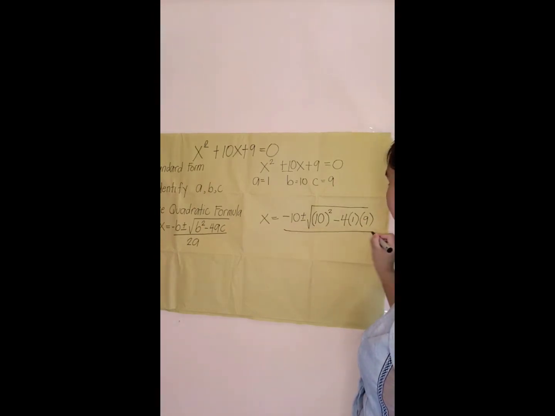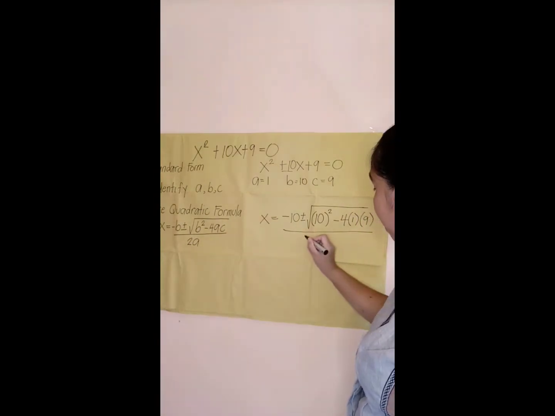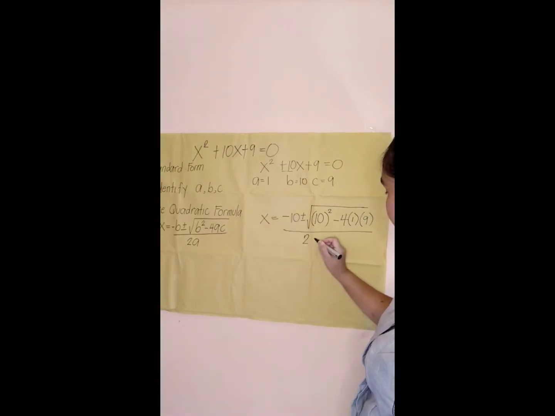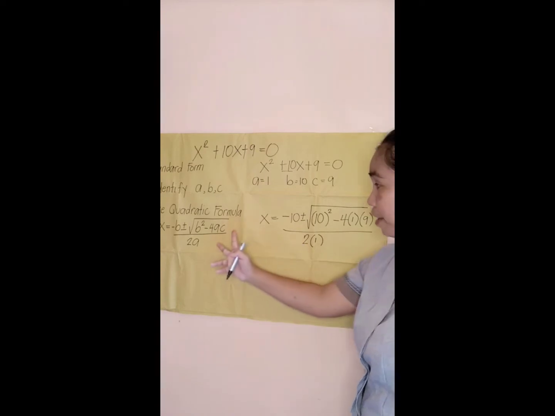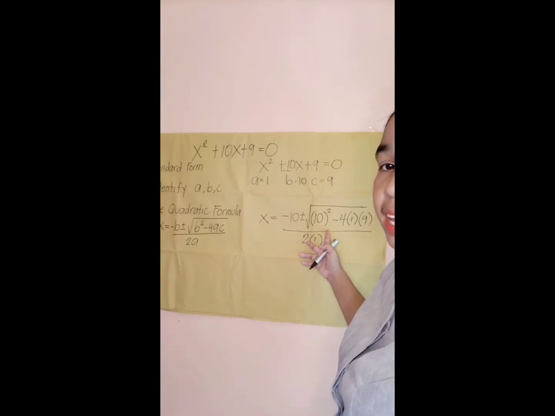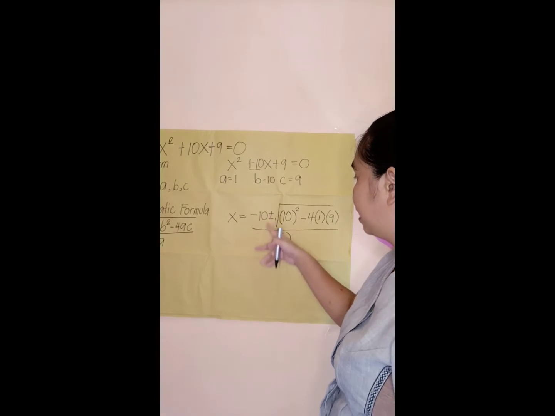Divided by 2a. So, copy 2 first. And then, what is a again? That is equal to 1. So, from here, naging ganito. So, using substitution. Okay? Next is just to simplify. Simplify natin ito.